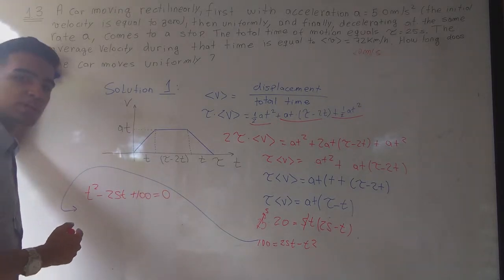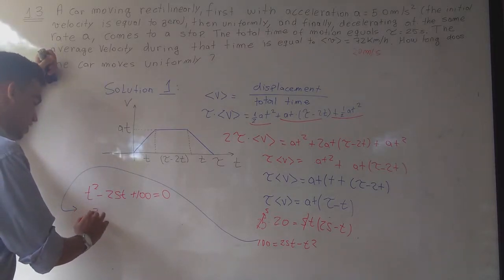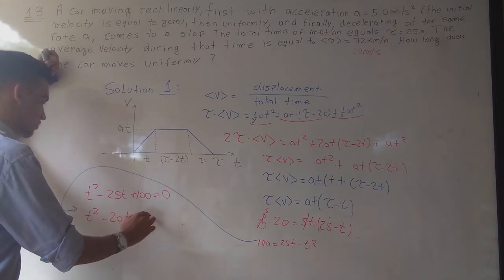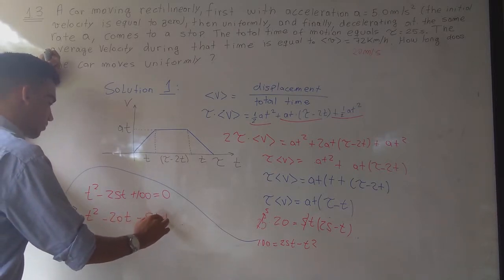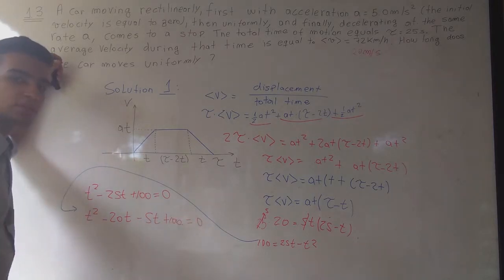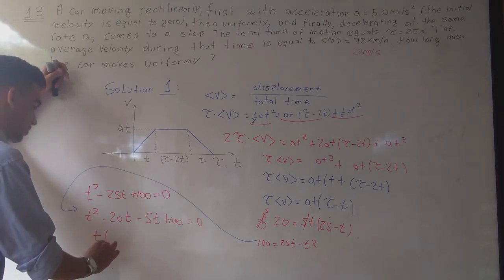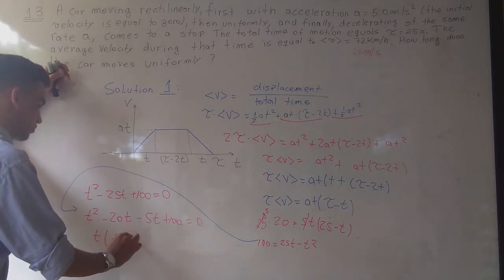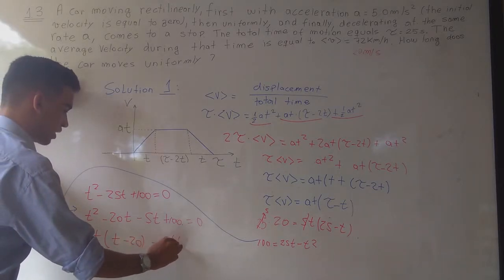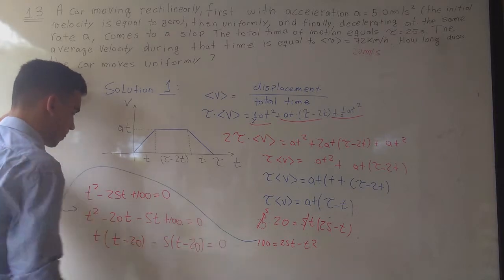We can rewrite this equation that way: t squared minus 20t minus 5t plus 100 is equal to 0. Now we do the following: t that multiplies t minus 20, minus 5 that multiplies t minus 20, is equal to 0.